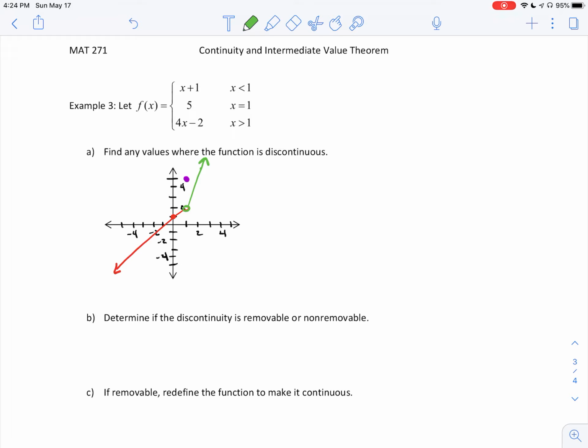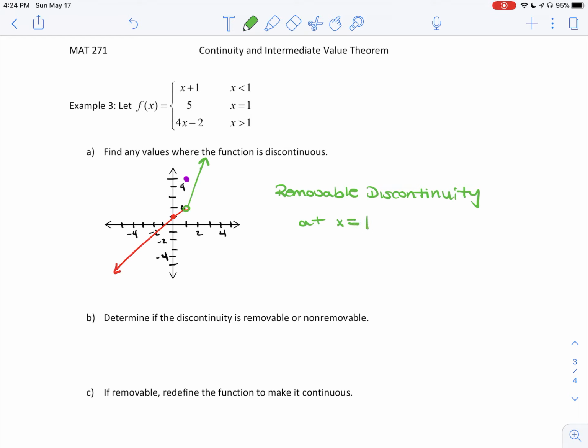All right, so in this case, we can see that we have this hole right here, but we don't have any gaps or jumps. We just have a hole, and then we have this point up top. So this would be a removable discontinuity at x equals 1.